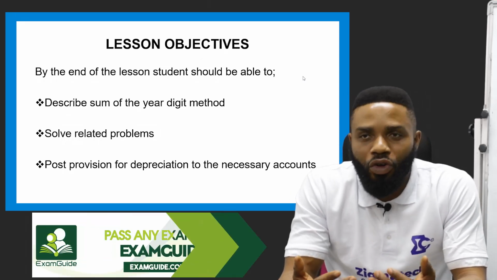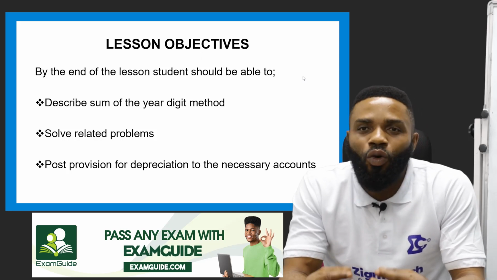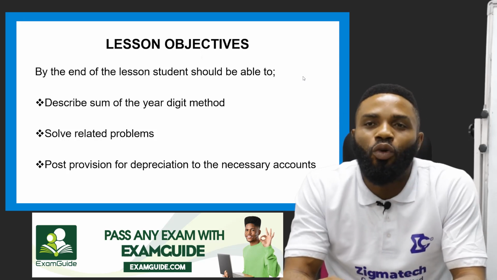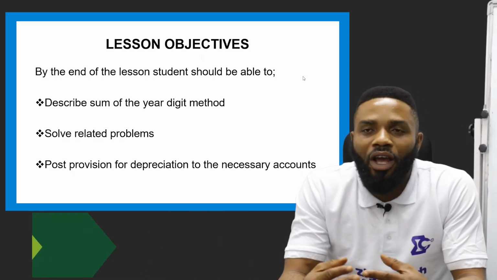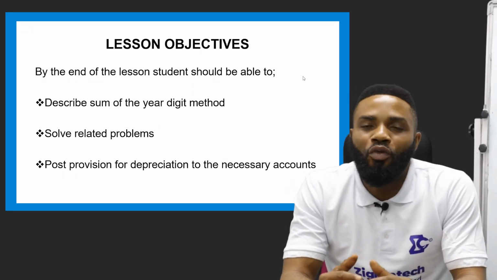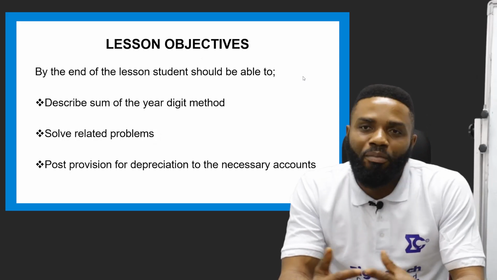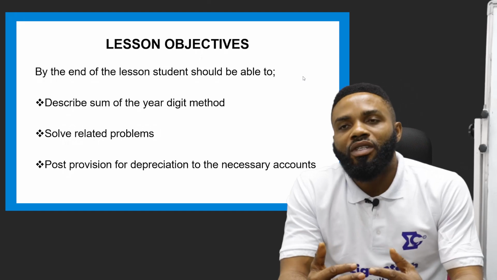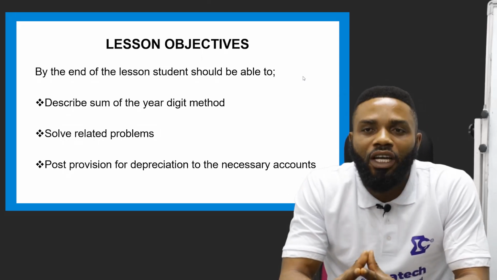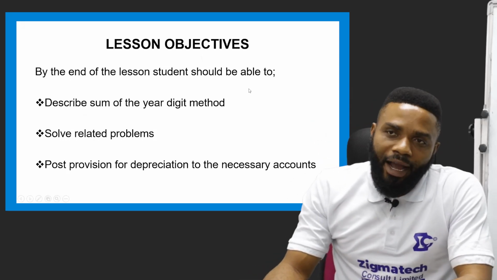If you are given a question and the examiner specifies this particular method, what are those parameters that you need to understand that will help you to calculate the depreciation using this method? Now, when we are done with that, we solve related problems, and after that we are going to post the provision for depreciation to the necessary account.